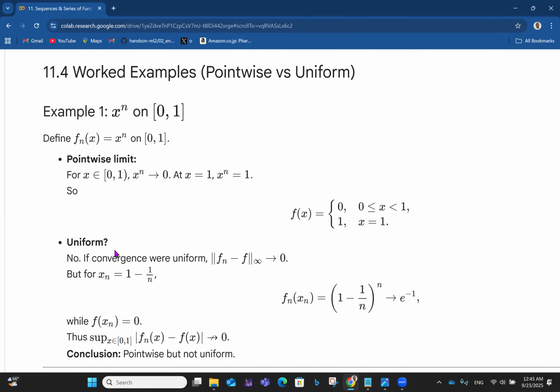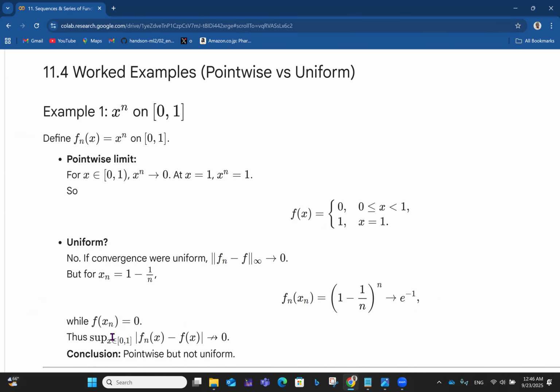The answer is no. If convergence were uniform, then the sup norm of Fn minus F as n goes to infinity should be 0. But take xn equals 1 minus 1 over n. Then Fn of xn is (1 minus 1 over n) raised to the power n, and that approaches e raised to the power minus 1. If it was plus, it would have been e raised to the power 1. Meanwhile, f of xn itself is equal to 0.